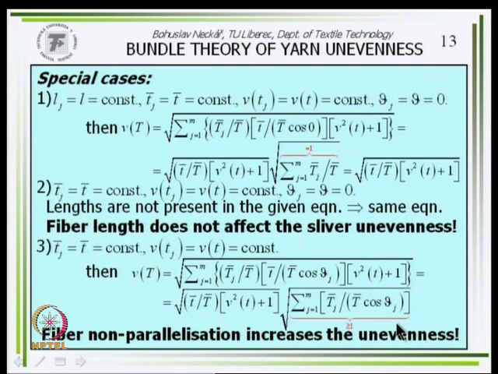The unevenness is best for a parallel fiber bundle, parallel sliver. For non-parallel fiber slivers, the unevenness is increasing because the cosine of theta is a sum of expressions having cosines of theta j in the denominator.